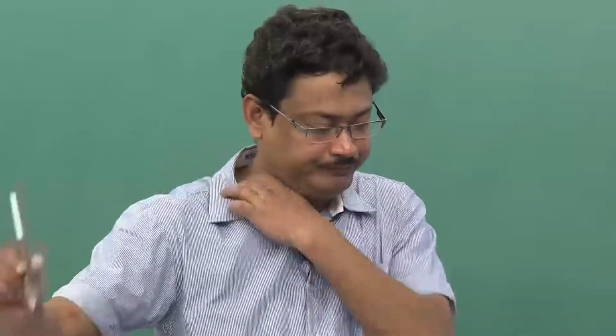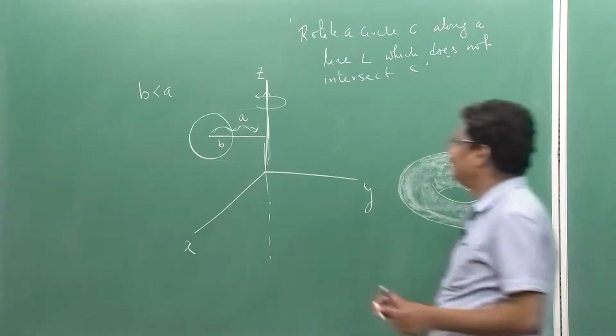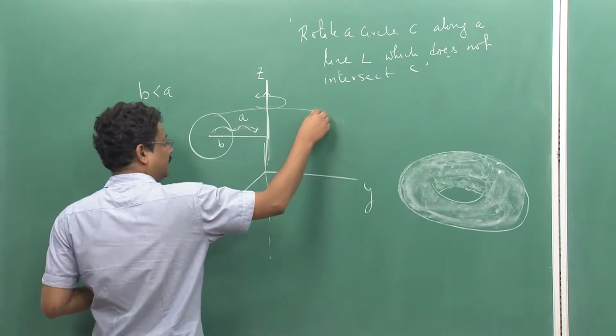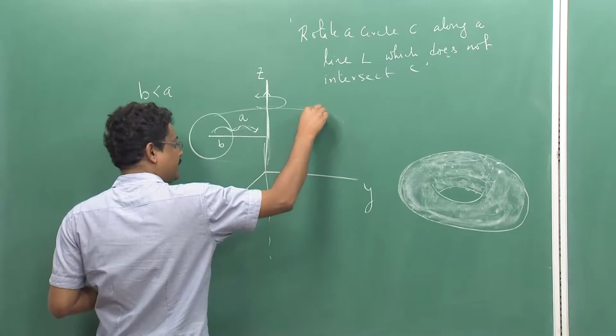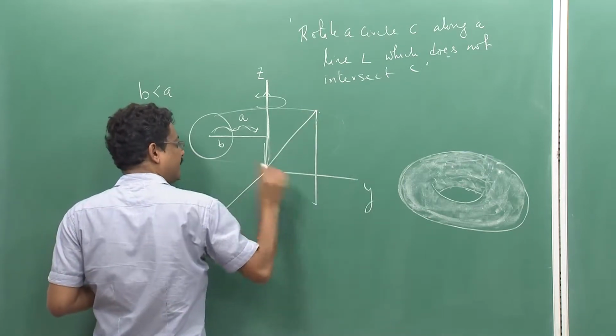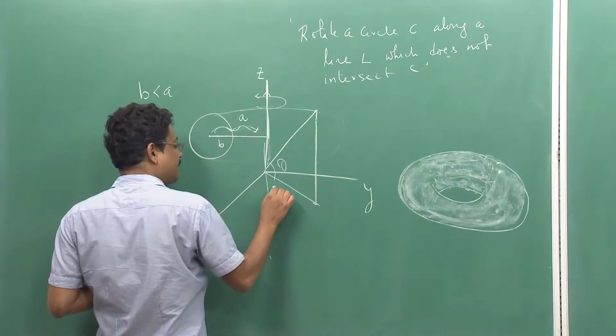Now, a typical point. As we have done before, any point here, we will take its projection on the xy plane, then this angle to be theta and this angle to be phi.